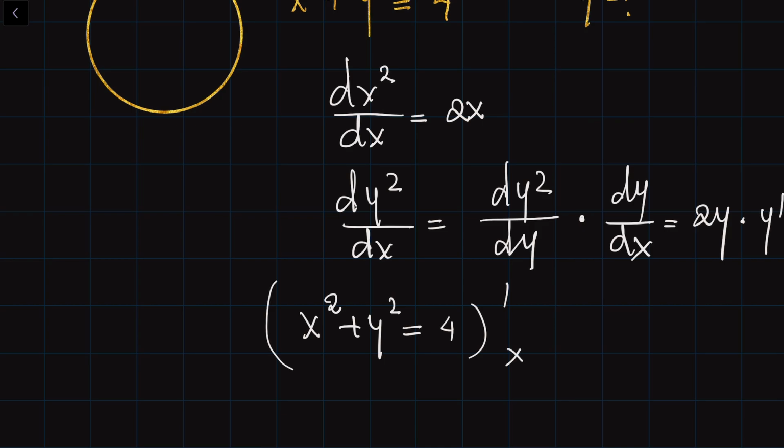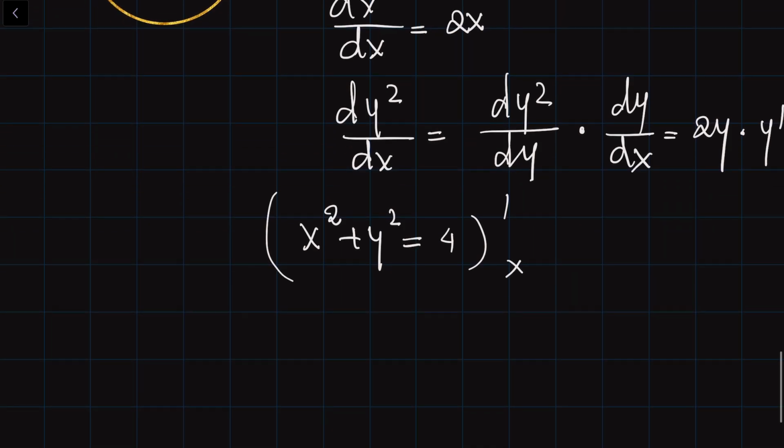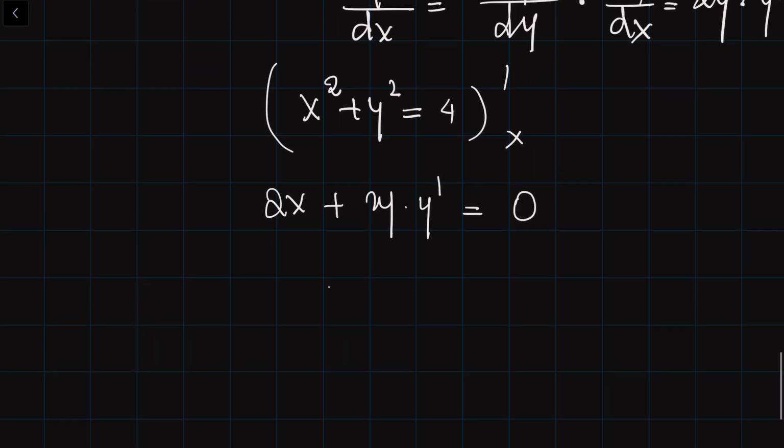It means that I'm going to take the derivative of every single term separately, okay? The derivative of x squared is equal to 2x, the derivative of y squared is 2y times y prime, and the derivative of 4 is equal to 0, because it is a constant, it is not depending on x, definitely, okay? Then I'm going to find y prime from here; it is going to be equal to minus x over y.